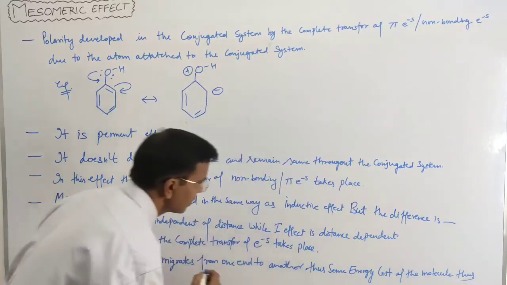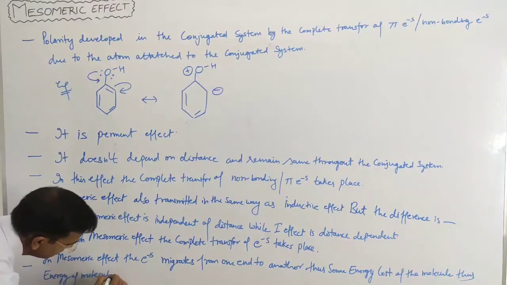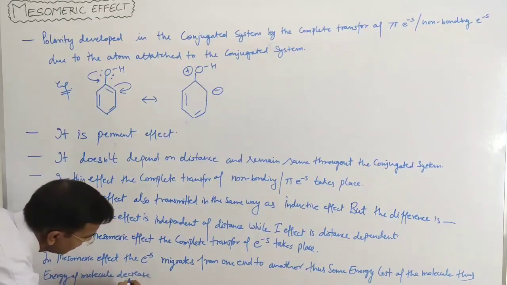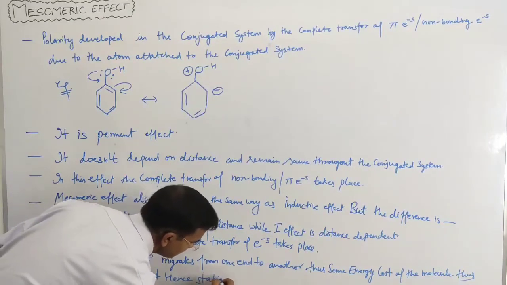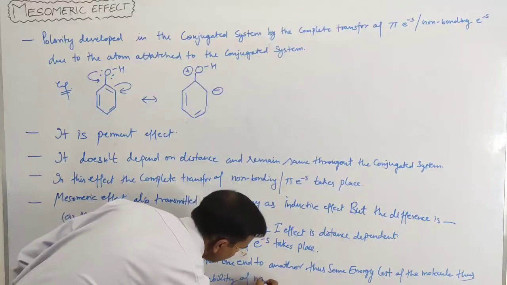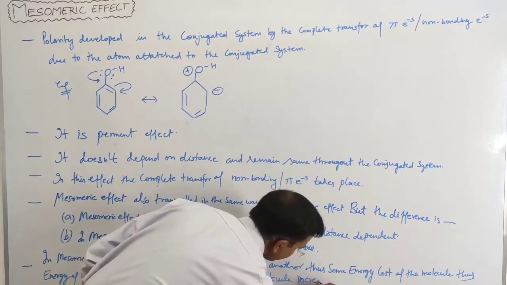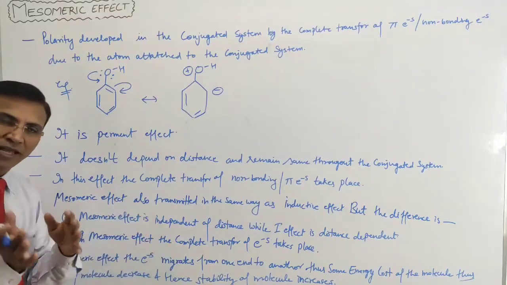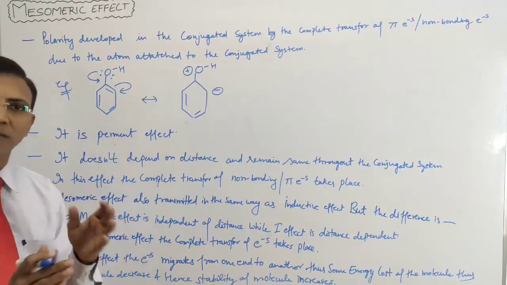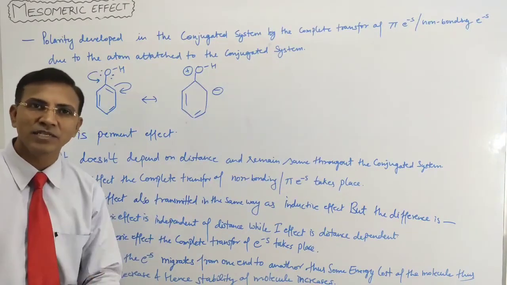Thus, energy decreases, energy of molecule decreases, and hence stability increases. Stability of molecule increases. Right? So in mesomeric effect, the electrons migrates from one end to another, and in doing so, some energy liberated of the molecule. That means the energy of the molecule decreases and the stability increases.